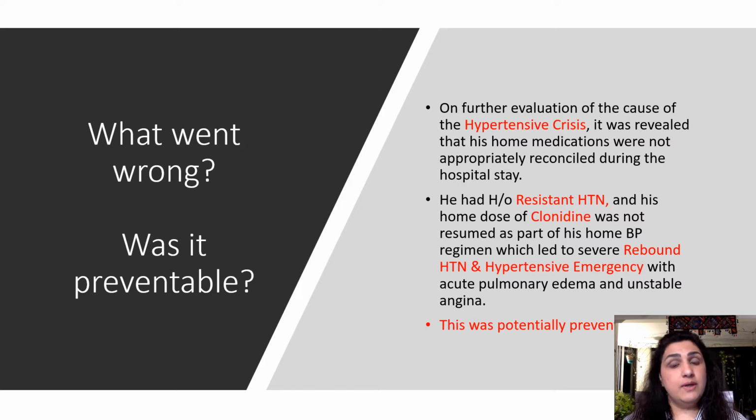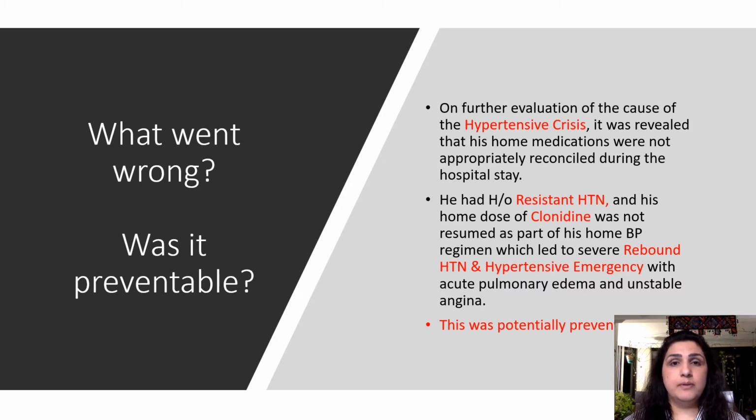So, was it preventable? Yes, obviously it was very much preventable, and this could be life threatening for this patient. He's an older patient, 60 years old, and if he has a hypertensive emergency, it can lead to acute heart failure, stroke, MI, unstable angina.